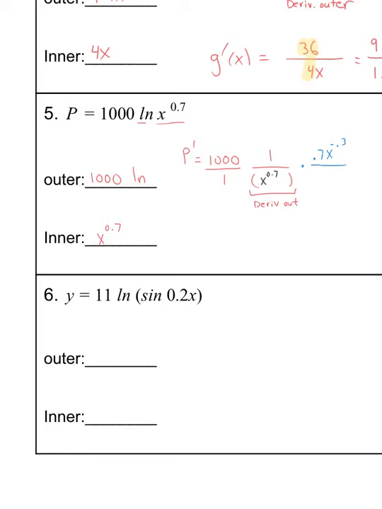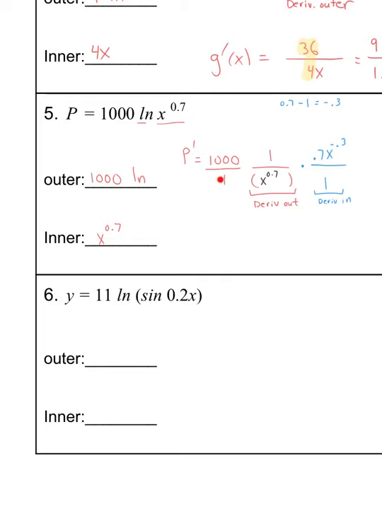All right? If you go off to the side, if you take 0.7 and subtract off 1, that's how you get negative 0.3. So this right here is my derivative of the inner. All right, so let's go through it again.